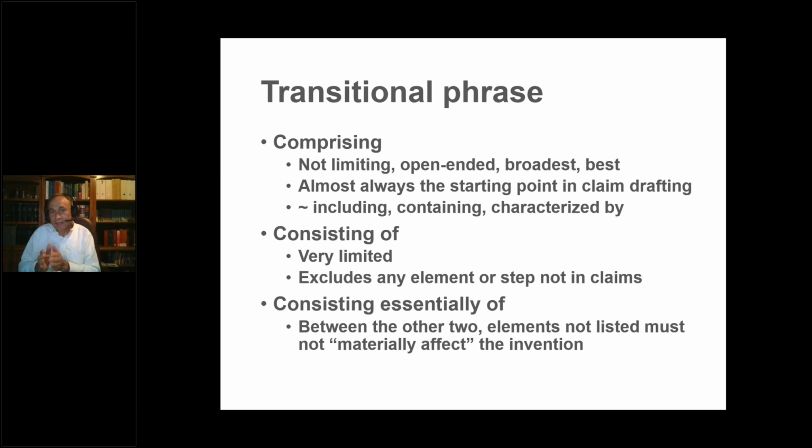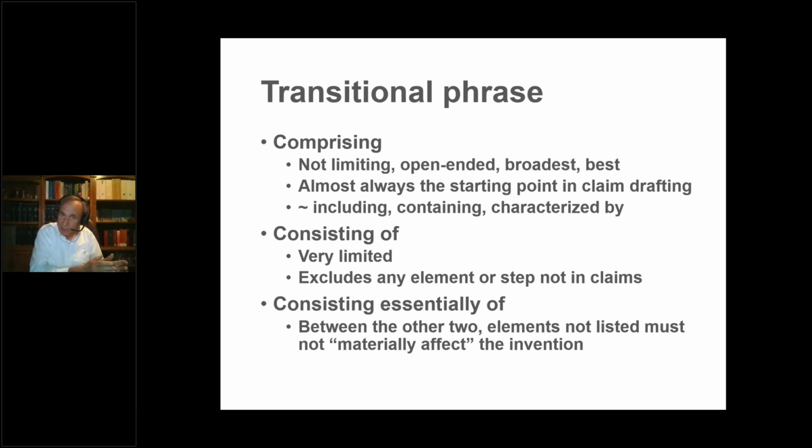So the best transitional phrase to use is comprising because it's an open-ended term. It's kind of like including or containing or characterized by. So it means this and anything else I can stick onto it. That's a comprising term.